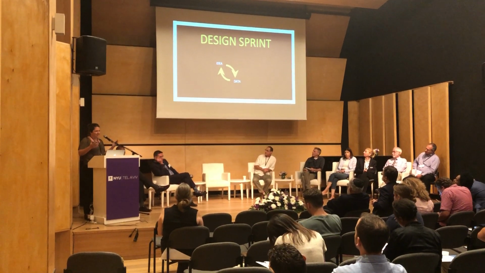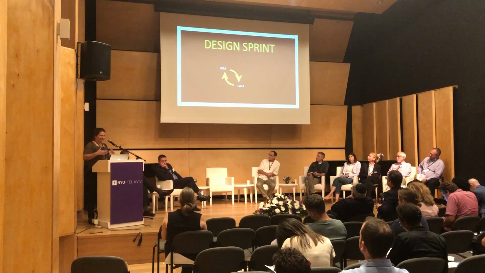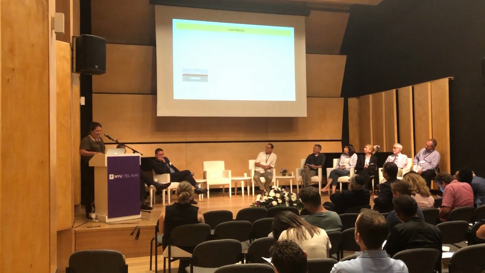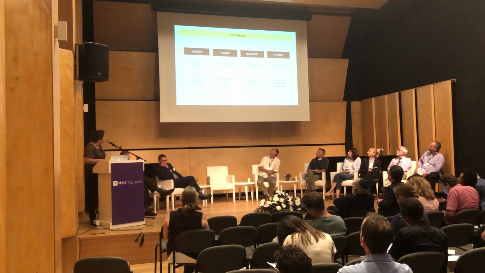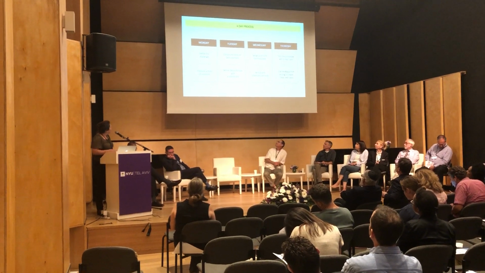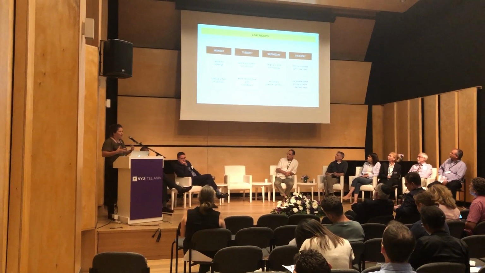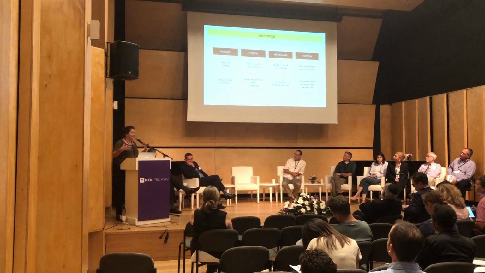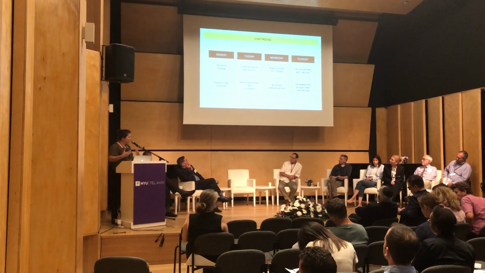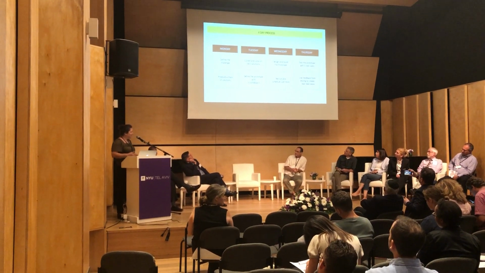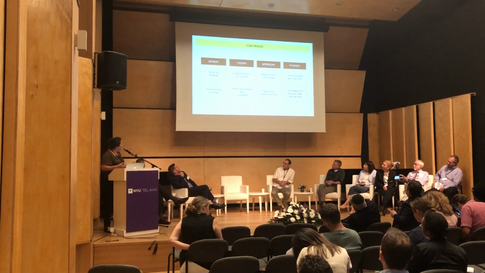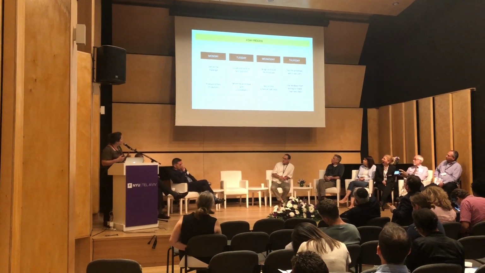The design sprint has since then become a 4-day process instead of a 5-day process. I'll talk a little bit about it. This is the way I do it. So on Monday, a group of multidisciplinary people come together, about 7 in number, everyone from a different department, and we define the challenge that we're going to tackle.